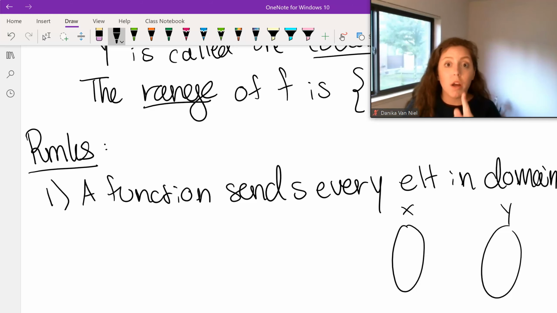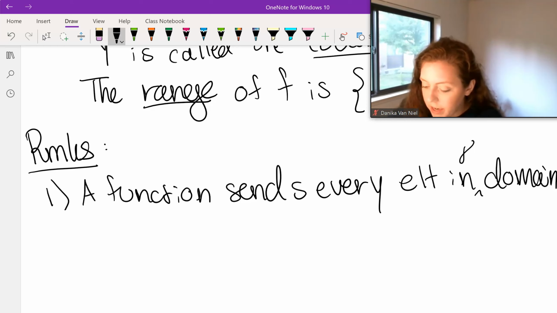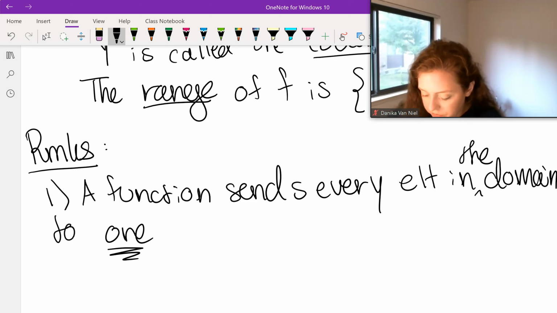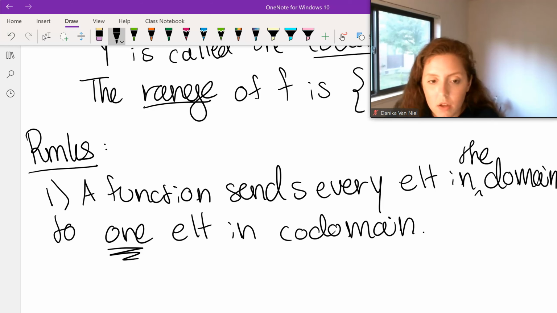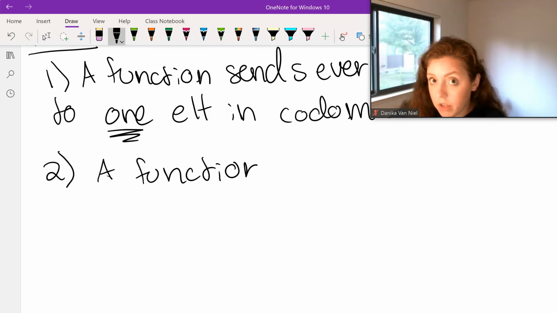They only have one place they can go if f is a function. I hope that visualization helps. So a function sends every element in the domain to one element in the codomain. Fabulous. Okay, so second, a function can't hit something outside of the codomain.